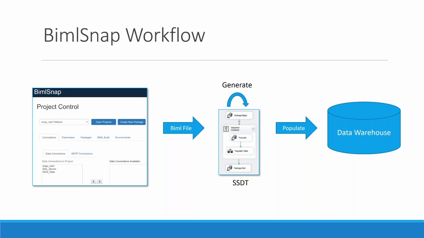After you build your project, so you define connection parameters packages, just like in SSIS or SQL Server Data Tools, you copy the Biml file over into SQL Server Data Tools, and from there you generate all your packages. So it's literally fully developed from an empty solution to as many packages as you define. And then, of course, by running the package, you would then populate a data warehouse or do whatever ELT work that you need to do.